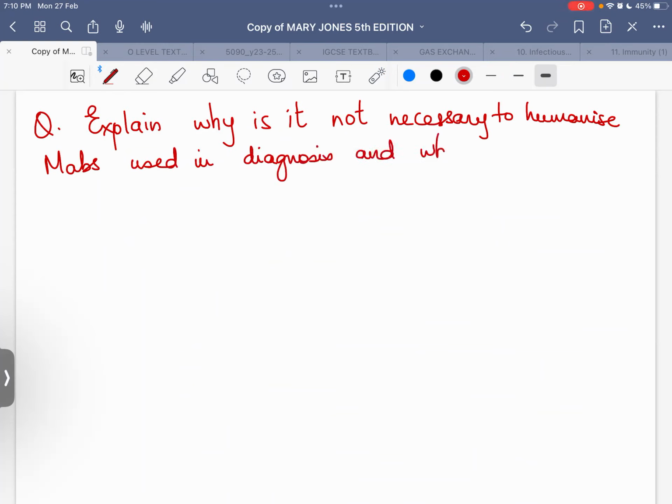And why is it necessary to humanize MABs used in the long-term treatment of diseases?